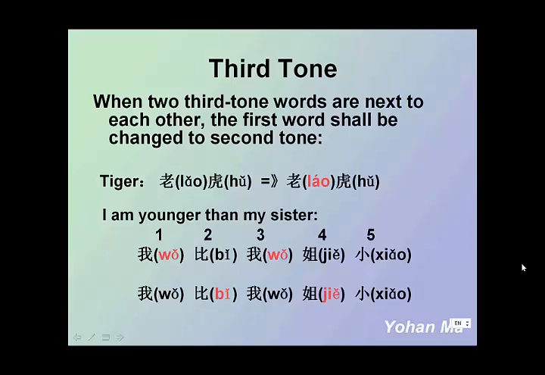If you read all those words in third tones, it should be 我比我姐小. It's very, very awkward. So, we change some of the third tones into second tone.